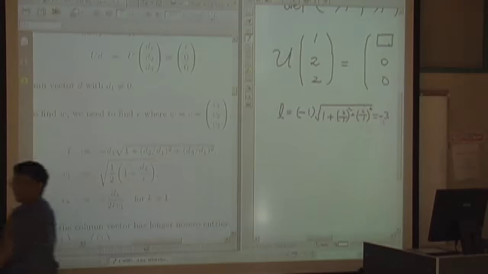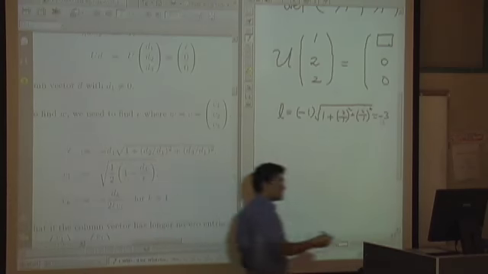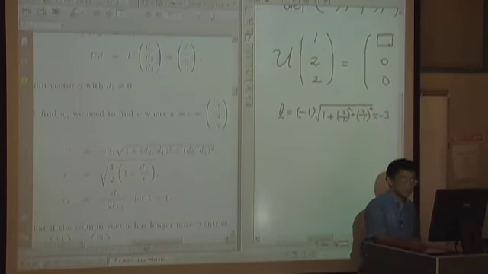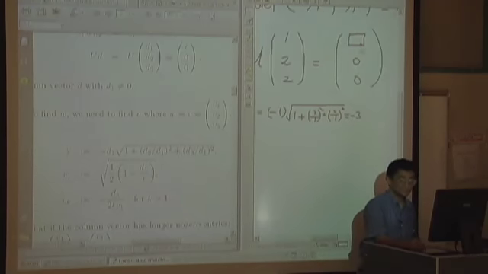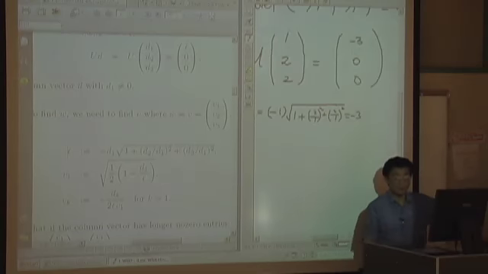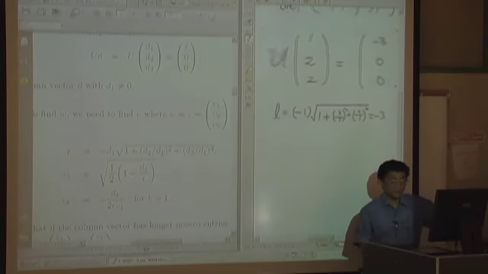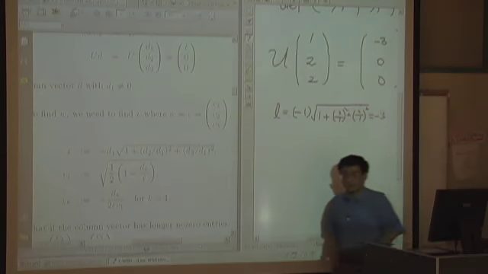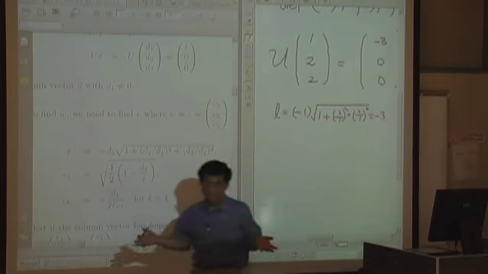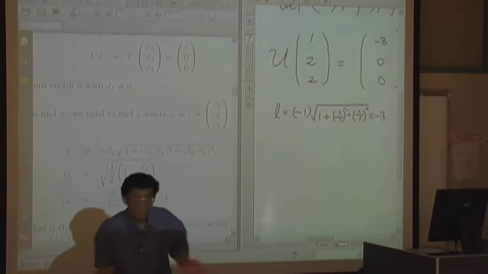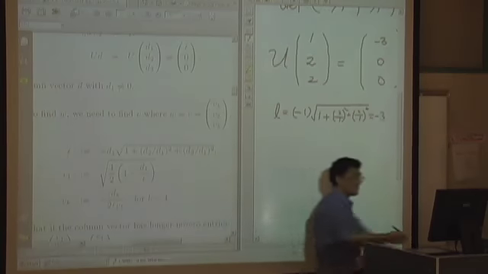I found L. And then L is replacing this portion. So we want to find some matrix doing this. U times 1, 2, 2 becomes negative 3, 0, 0. Any problems or difficulties?